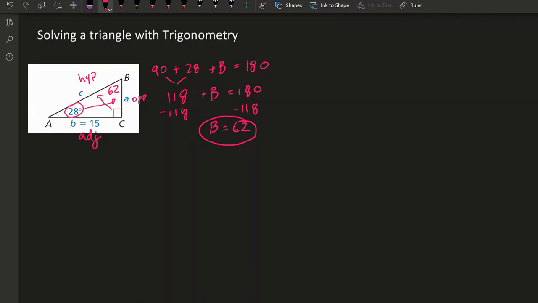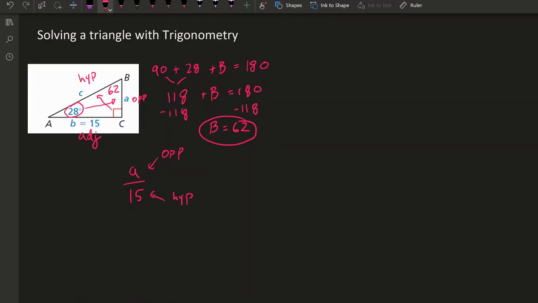So right now I want to solve for A. So I've got A as the opposite, and I want to relate that to the side that I do know, which is the 15. So if I say I've got A over 15, that would be the opposite divided by the hypotenuse.